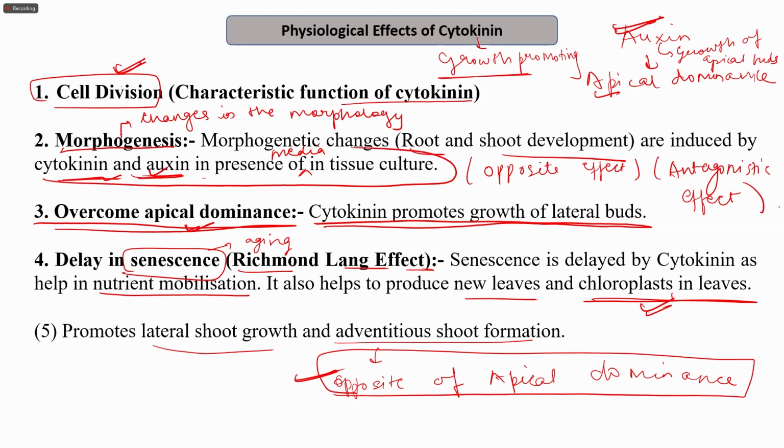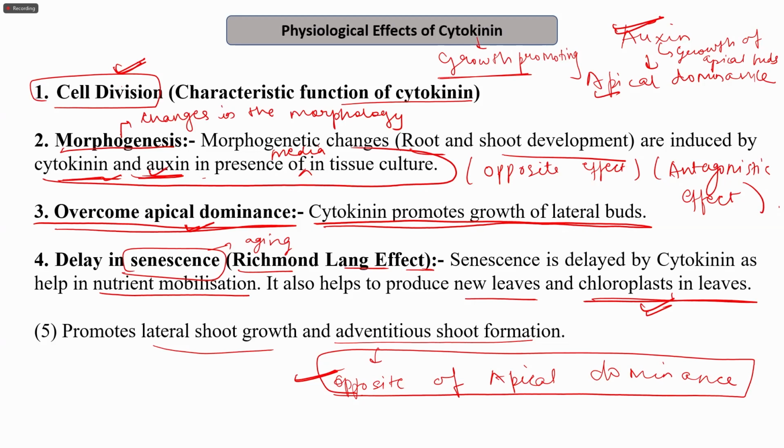Auxin was leading to cell elongation and therefore helping in cell division. So cell division is one of the major characteristic functions of cytokinin. But after that, we will see that cytokinin and auxin have an antagonistic effect, in the sense that auxin promotes apical dominance while cytokinin leads to the growth of the lateral buds.